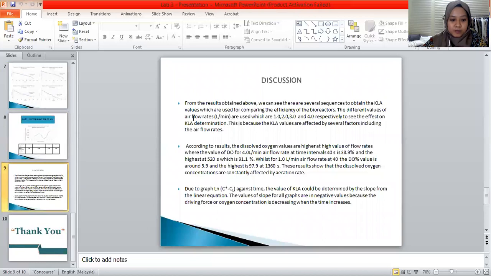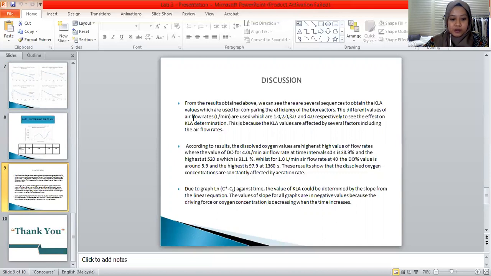Determination of KLA must start with driving force calculation, where it involves the saturation concentration of the dissolved oxygen in the liquid phase, known as equilibrium solubility, which is the C star, and the concentration of dissolved oxygen in the liquid phase, which is the CL.